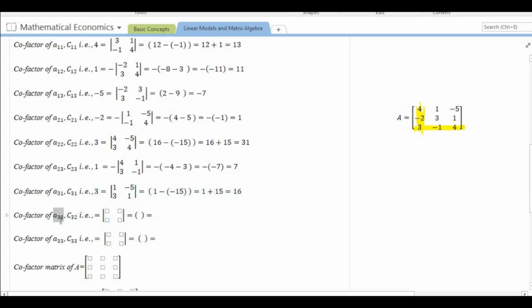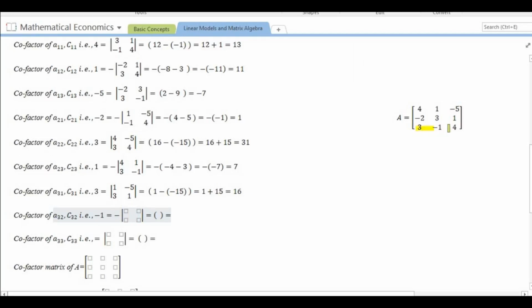Next, cofactor of A32, that is element present in the third row and second column, which is minus 1. What about its positional sign? 3 plus 2 is equal to 5. 5 is an odd number, so we have minus.